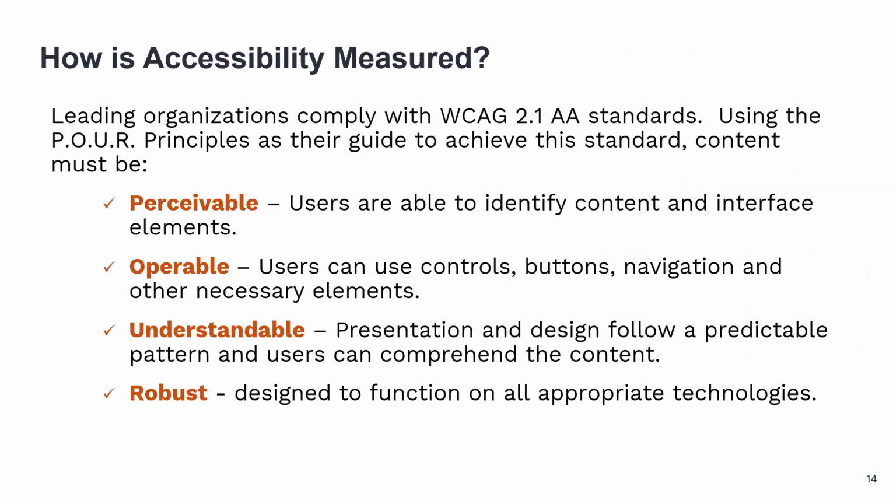Okay, next slide, please. So how is it measured? There are 4 areas that it's measured in. Perceivable: users are able to identify the content and interface with elements. The operable side is using controls, so navigation.